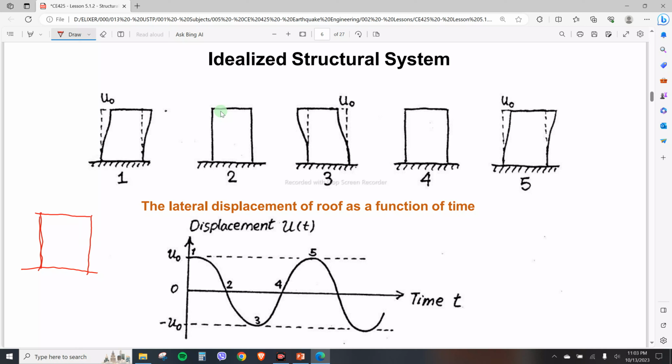Again, the structural system has a mass on the roof here, and the columns are massless but have a lateral stiffness K. So we move this SDOF, or this simple structure, in the lateral direction by a displacement of u naught. When we say u naught, it means the initial displacement. Now, after we displace it, the displacement here is u naught.